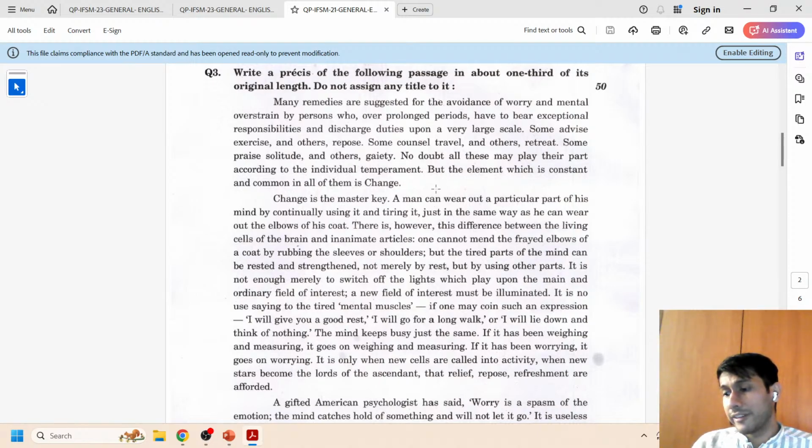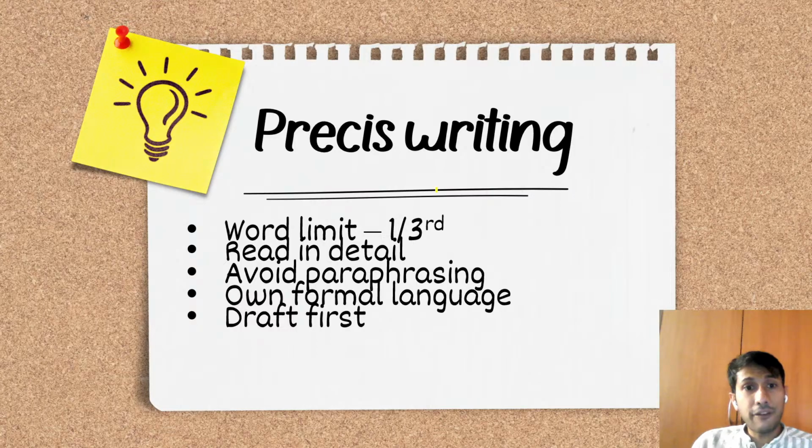While you are reading it, it is your duty to identify and outline that key idea in that paragraph. Got it? And after identifying, you have to express that in your own formal language. Remember, your own but formal language is the key.